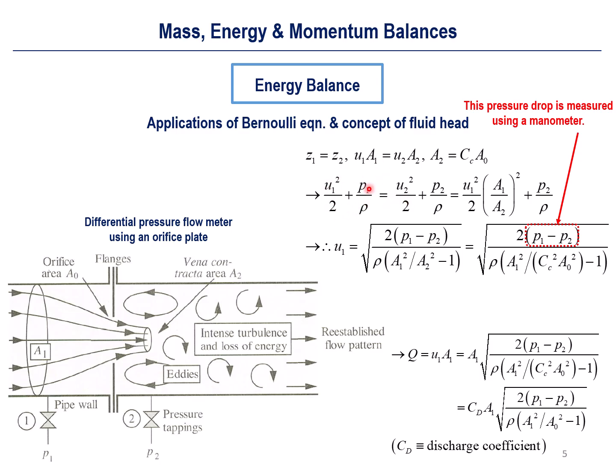And due to this mass conservation law, instead of U2, you can take U1 A1 divided by A2. So by calculating the left-hand side and the right-hand side, again with respect to U1, you can calculate that U1 is equal to the square root of 2 multiplied by the pressure difference divided by the density and this area factor minus 1.